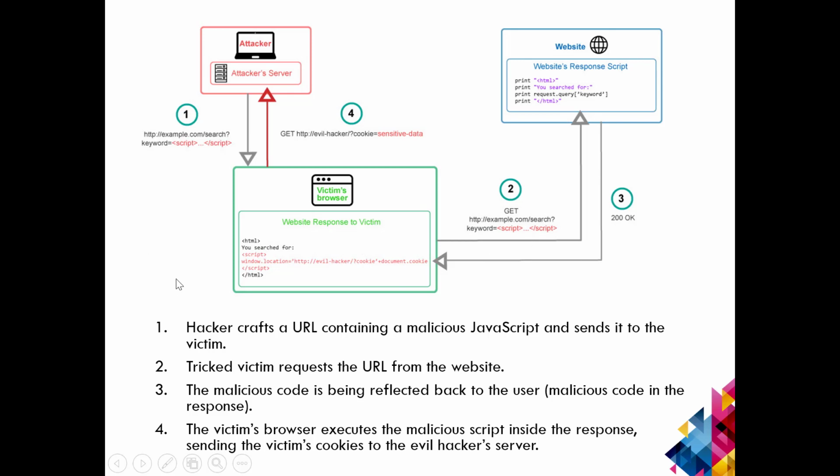This kind of cross-site scripting, we call it reflective. Reflective is famous and easy to deliver, because hackers do not need to inject or try to gain access to the website server.